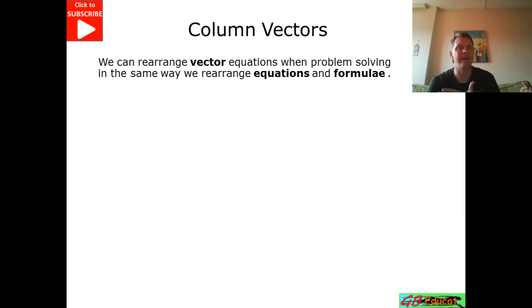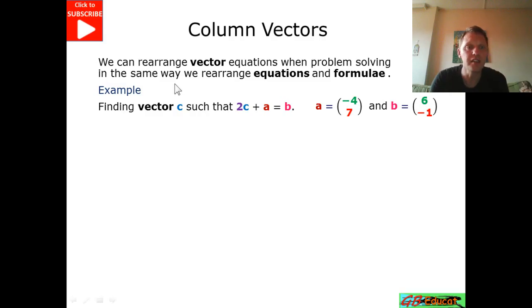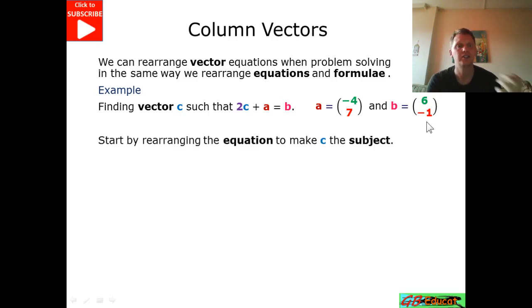You can also rearrange these in very similar ways to what you do with equations. So here we're going to find vector c such that 2c plus a equals b, where a is (-4, 7) and b is (6, -1). So first of all, we're going to rearrange this to make c the subject in much the same way as we would do in an equation.